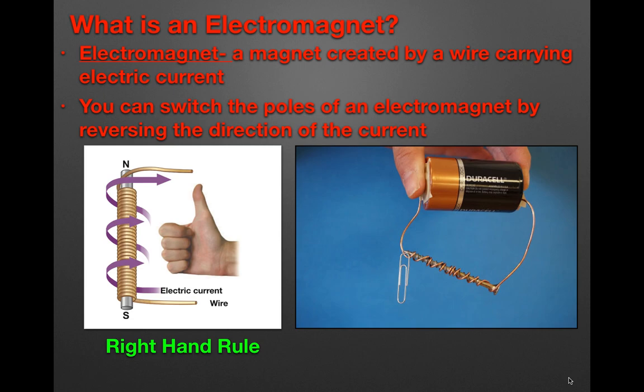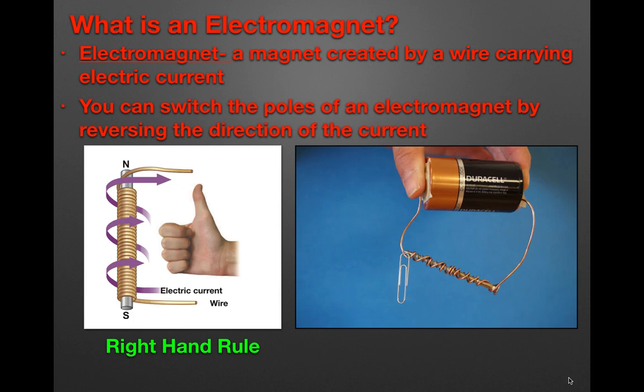Now, if you curl your fingers around the direction of the current, your thumb's going to point towards the North Pole. Now imagine switching the current. If you switch the current, what's going to happen to your thumb? It's going to switch direction. So you can actually switch the poles of an electromagnet by reversing the direction of the current. This is an advantage over permanent magnets.